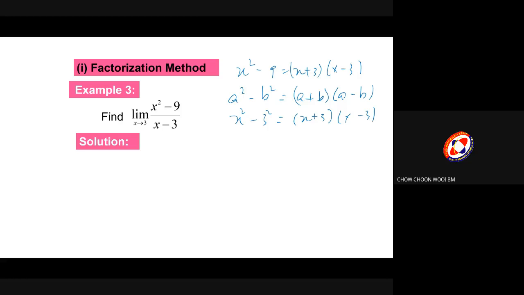Bagi ada orang yang tak erti boleh tengok yang ni. Ini adalah rumus yang kita belajar dahulu. So what about this one? The limit of x squared minus 9 over x minus 3 when x tends to 3.